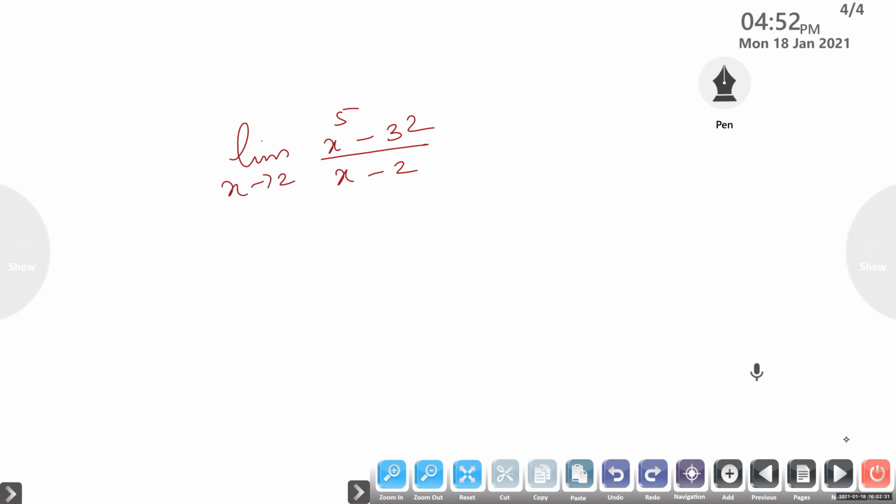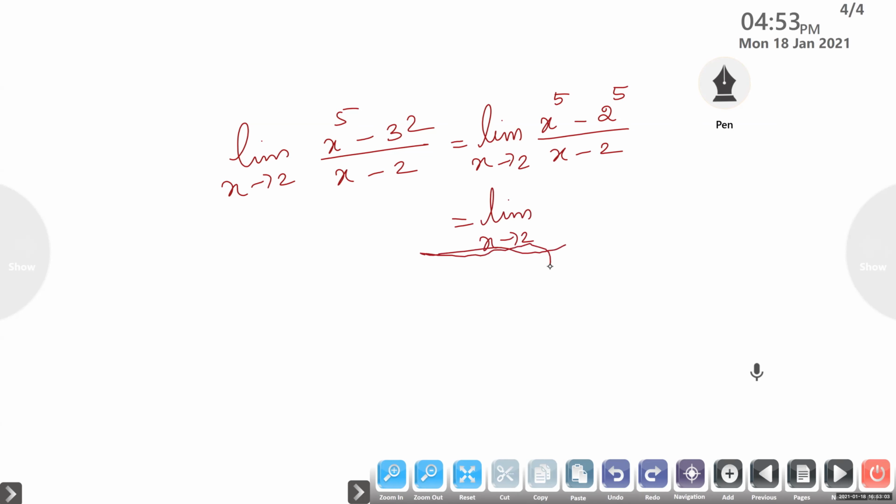So when you put x is equal to 2, or you can write this. Okay, let us check whether the answer is correct. Aishwarya. x raised to 5 minus 2 raised to 5 by x minus 2. Okay. Annette, are you getting the answer? So we can write this as limit x tending to 2.